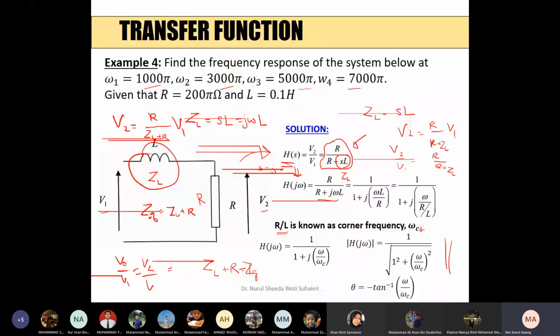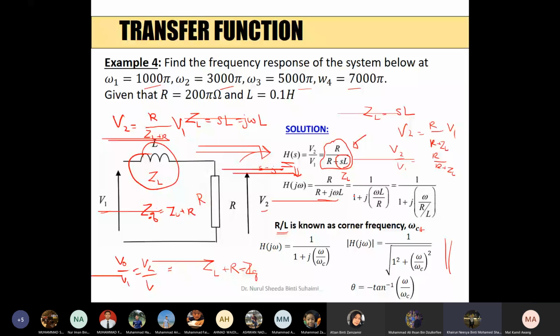Since you know the R and L, you can just multiply. Can I continue? So kalau tak ganti dengan omega C boleh tak? Boleh, sampai H J omega biasa.